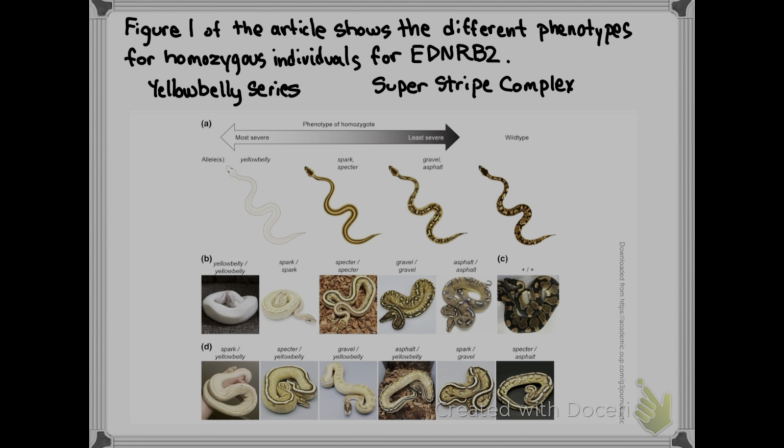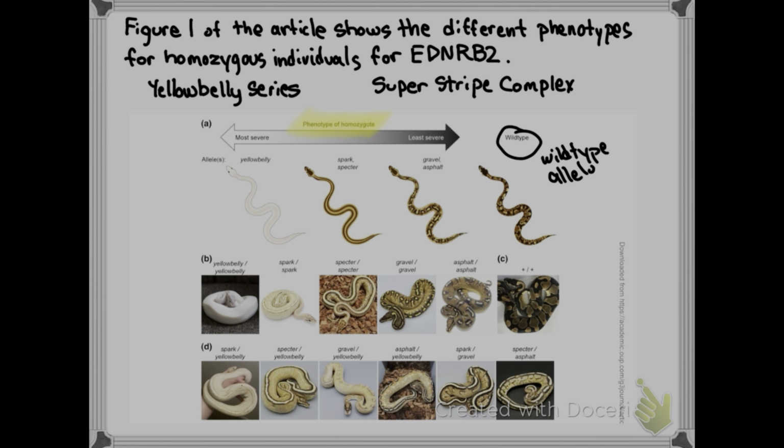And the figure shows the phenotypes of the homozygous individuals from most severe phenotypes, which are caused by homozygotes with the Yellowbelly allele, to least severe phenotypes, which are the result of being homozygous for either the gravel or the asphalt alleles.